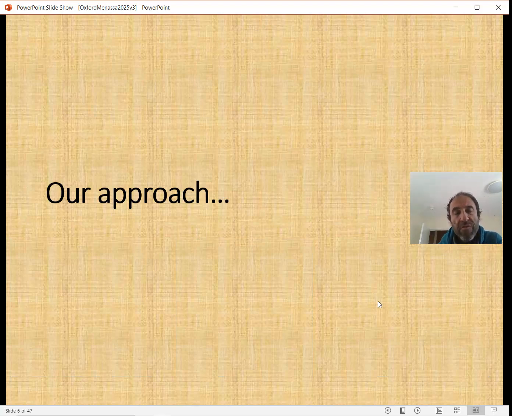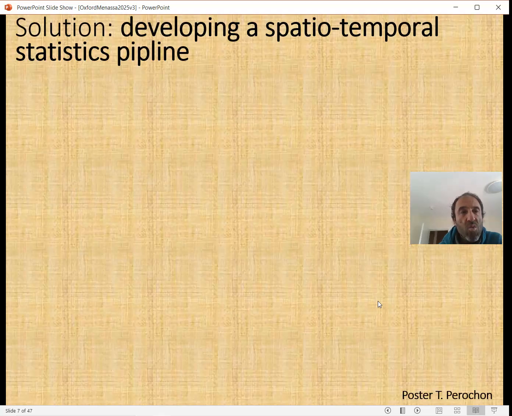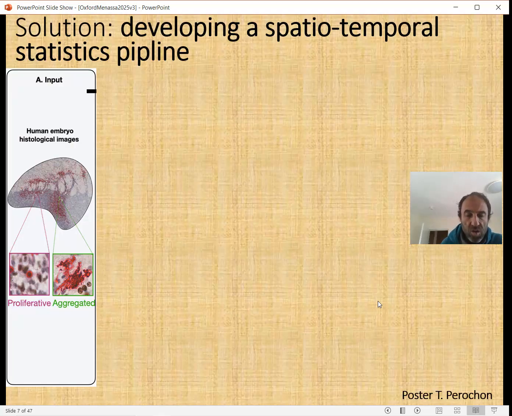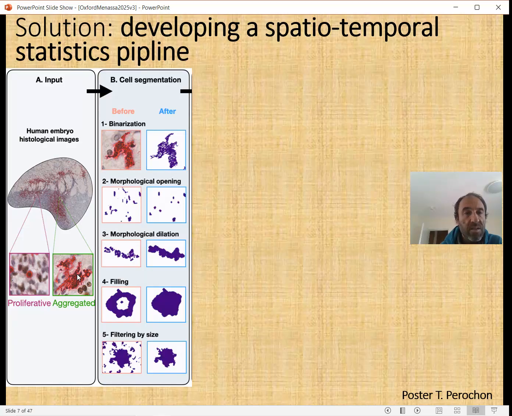So we need to identify brain region, and so I'm going to summarize now the approach that we have been developing for the last couple of years, where basically you want to create a pipeline that starts with, as an input, these histology images, where at refined resolution you can see very well the shape and the border of the cells. The first step is actually to create a mask for segmentation.